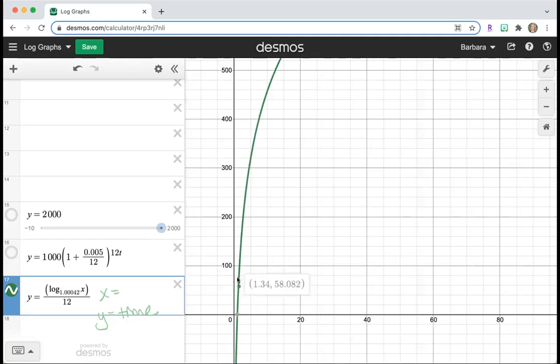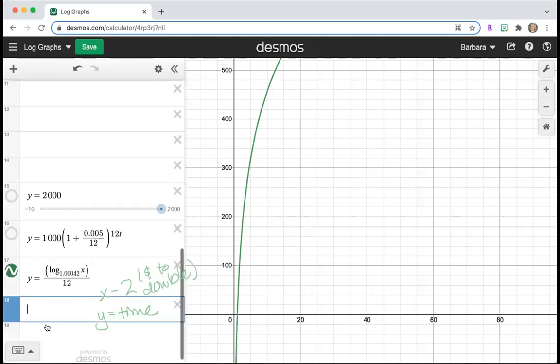And so we can go all the way up here to find when x is 2, right here, and that's the exact same number we just found, 137.558. We want x to be 2 for money to double.